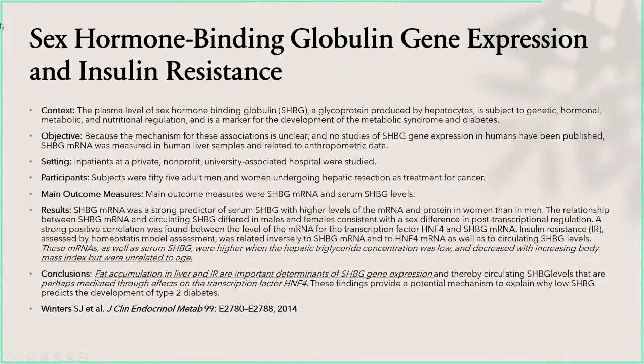In another study, they looked at a similar thing, again in liver biopsies, and I just highlighted that SHBG mRNA as well as serum SHBG were higher when hepatic triglyceride concentration was low, and decreased with body mass index, but were unrelated to age. Fat accumulation in liver and insulin resistance are important determinants of SHBG expression, perhaps mediated through HNF4 alpha.